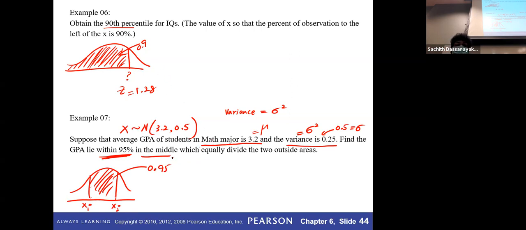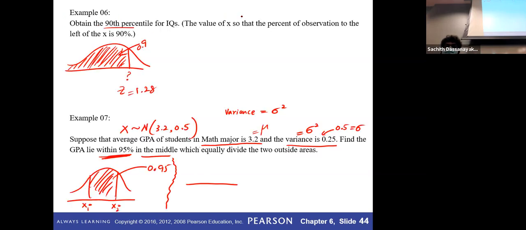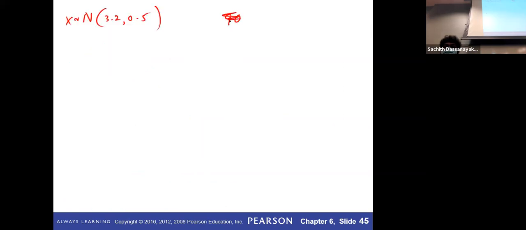First, for a moment, forget about these x values. Just consider this probability or area percentage. Let me use this page. So I have normal 3.2 and 0.5, and the percentage is 95.